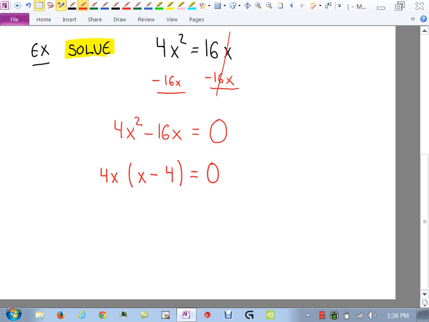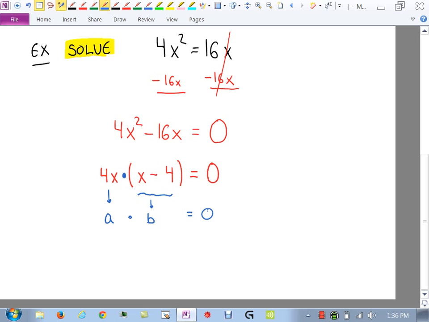Now, do we have two things being multiplied? Yes, I'm going to exaggerate that multiplication symbol. There it is. I have something times something equals 0. I can apply the zero factor property because I can call this whole thing here A, this whole thing here B, and so it looks like A times B equals 0, doesn't it?